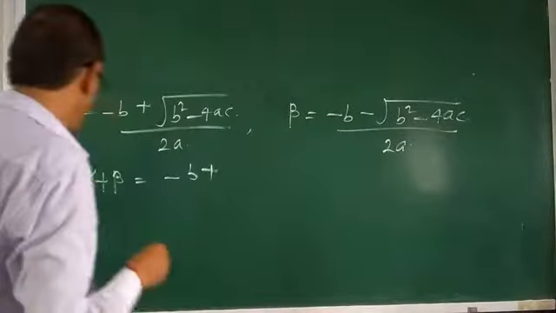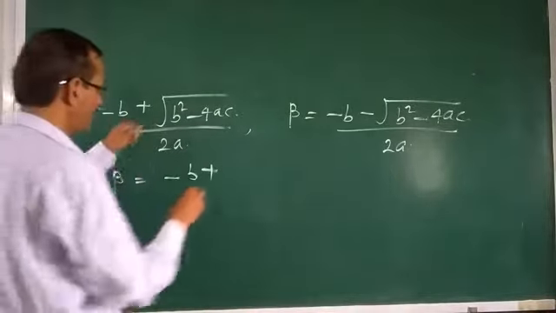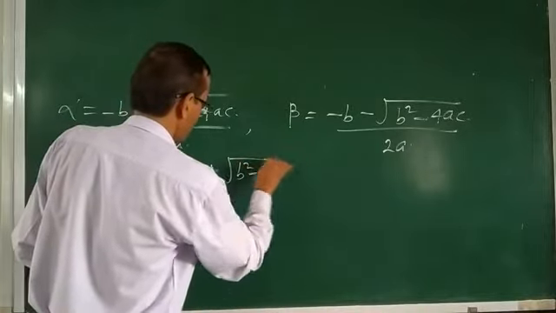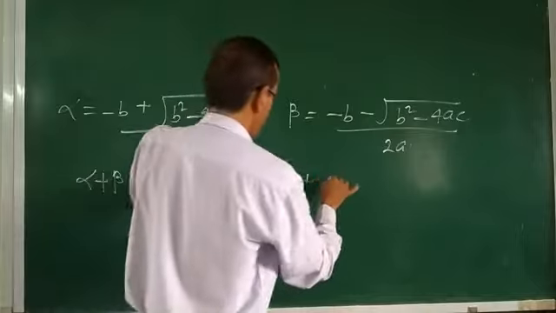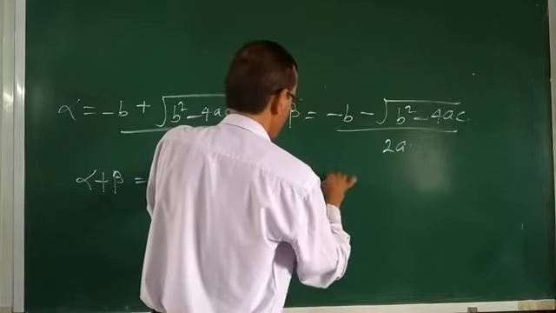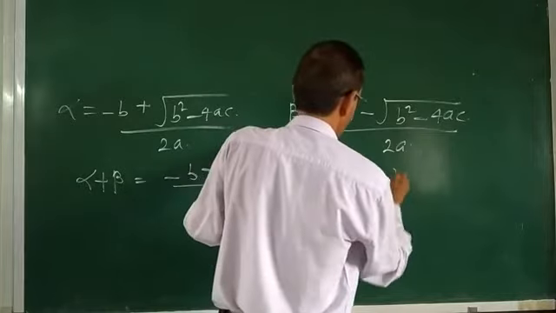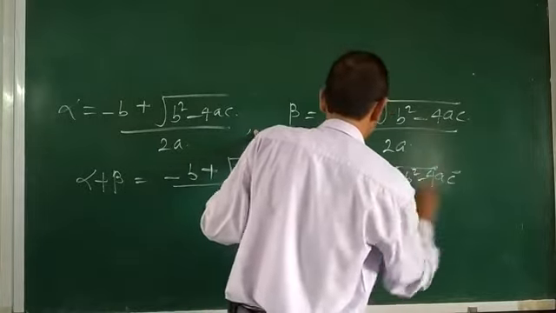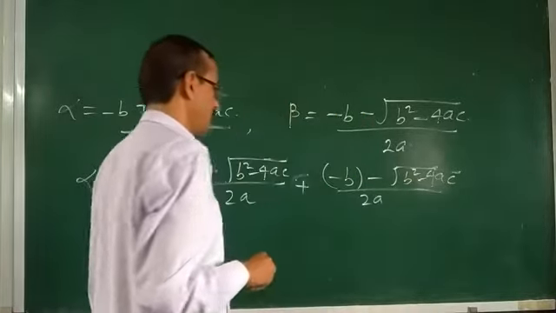Now student, add alpha plus beta: minus b plus under root b square minus 4ac upon 2a, plus beta value, minus b minus under root b square minus 4ac upon 2a. ठीक है, this is the plus in between.